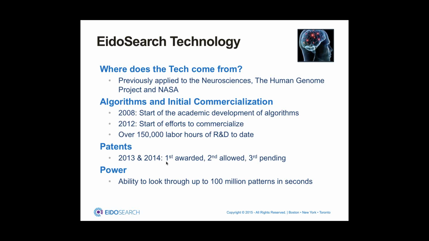This is tech that my business partner, Dr. Xiaoping Zhang, developed over 20 years. He's had expertise in search and applied that to a number of fields: neurosciences, NASA looking at satellite imagery, and a number of other areas where you're dealing with big data that's difficult to model and describe, but where this technique has a lot of efficacy.